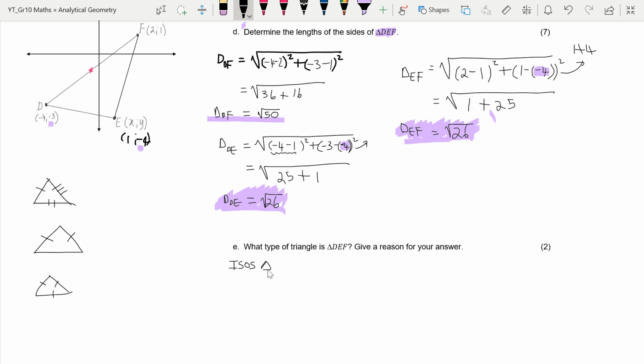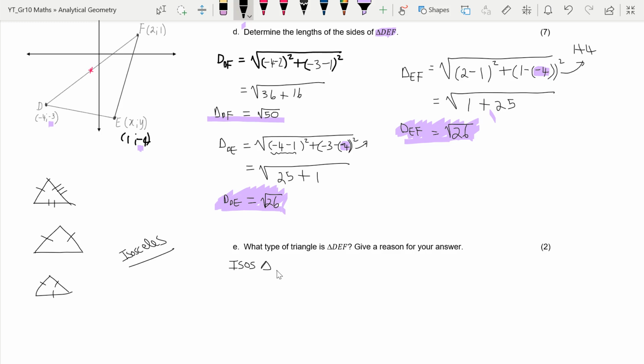I doubt that I can spell isosceles. Now I do need to try. Isosceles. I believe that that is actually correct, but do check. My spelling can be terrible. So it is an isosceles triangle. What type of triangle is it? It is an isosceles triangle. We need to give a reason for our answer.